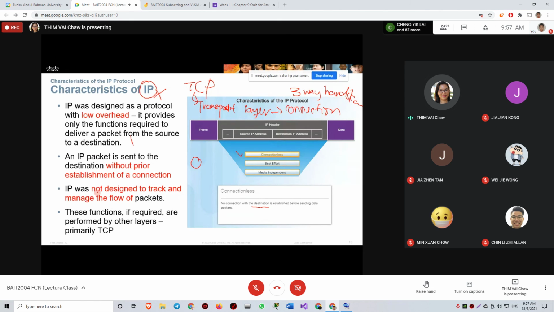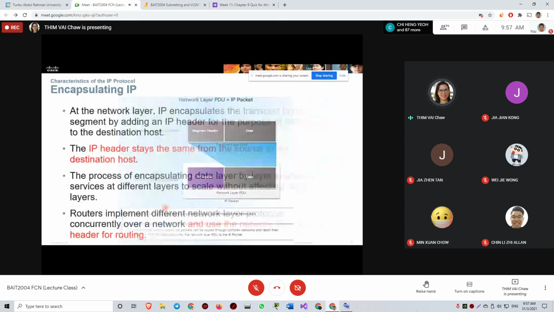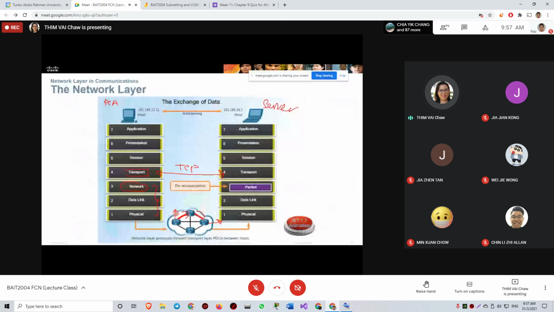So they also did not design it to do tracking and managing the flow of the packets. The reason is, you can see that when the data passes from one router to another, you have small packets, different packets: 1, 2, 3, because the segment is passed down and encapsulated to become a packet. These packets are sent over the routers using different paths. Maybe packets 1 and 2 are sent from here, 3 and 4 are sent from here.